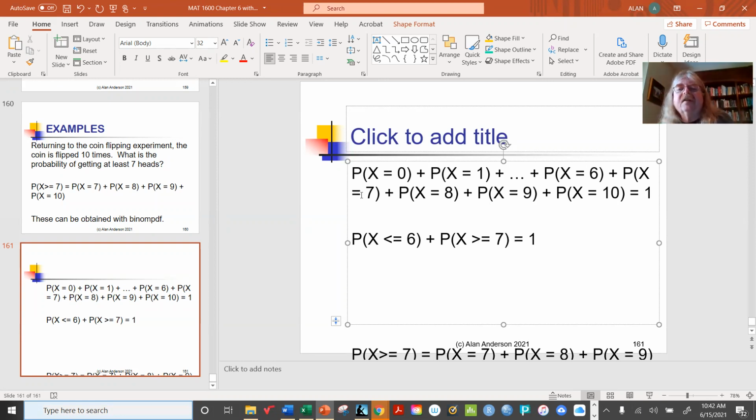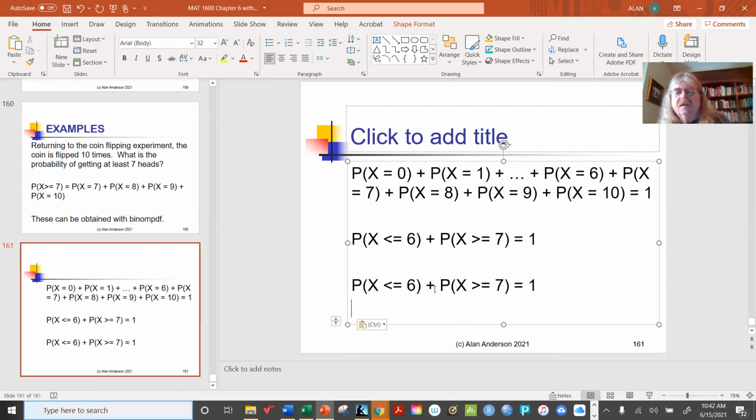In other words, what I've done here is I've taken all of these and written them as less than or equal to 6, and all of these are now written as x is greater than or equal to 7. Aha, now we're getting somewhere, because watch what I can do now. I can rearrange this algebraically and say, well, doesn't that mean that greater than or equal to 7 is 1 minus less than or equal to 6?